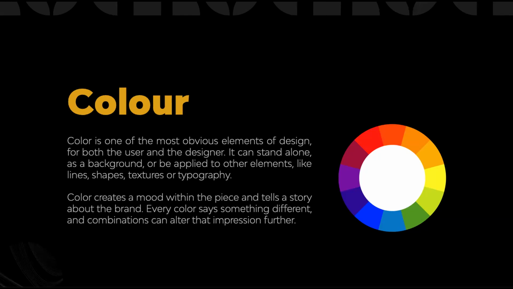Colors create a mood and tell a story about a particular entity. And every color has something to say. The combination of different colors has an impression on your heart, your eyes. The first thing you need to understand is that someone who is blind won't understand the usefulness of color.